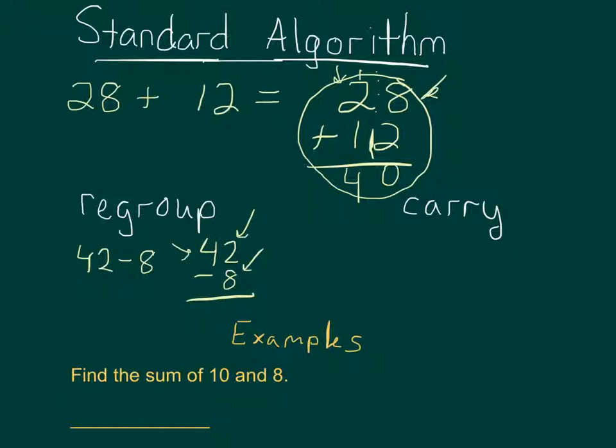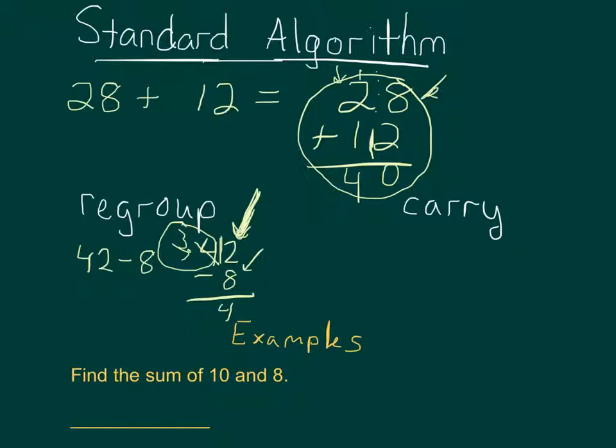The 4 is in the tens place, so you're going to have to take one of those tens, so you have only 3 left, and add it to the 2, and 10 plus 2 is 12. Okay, 12 minus 8 is 4.